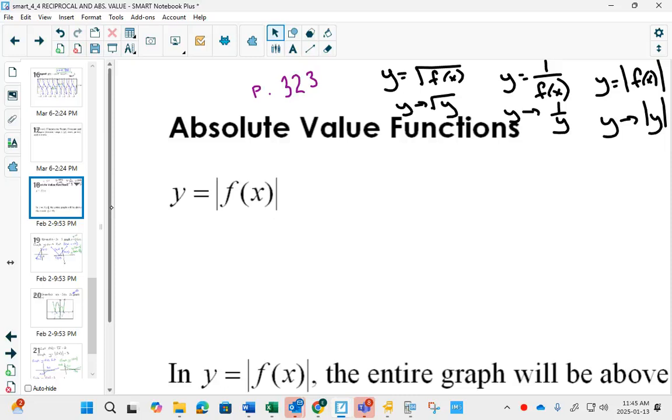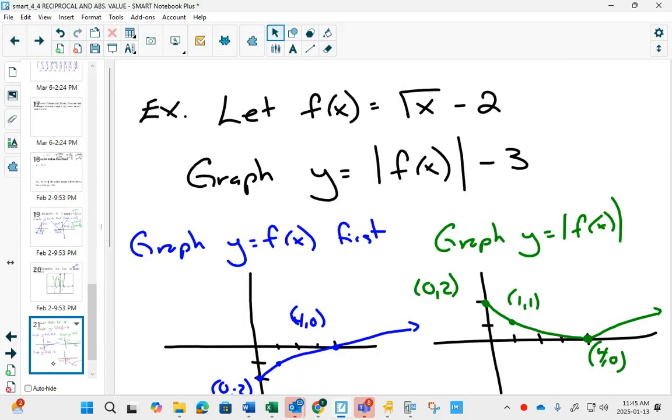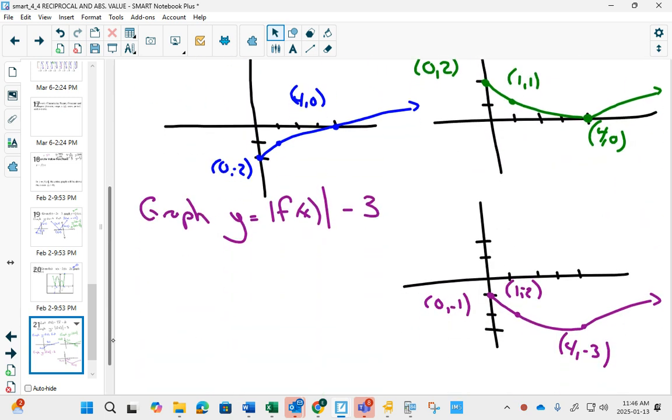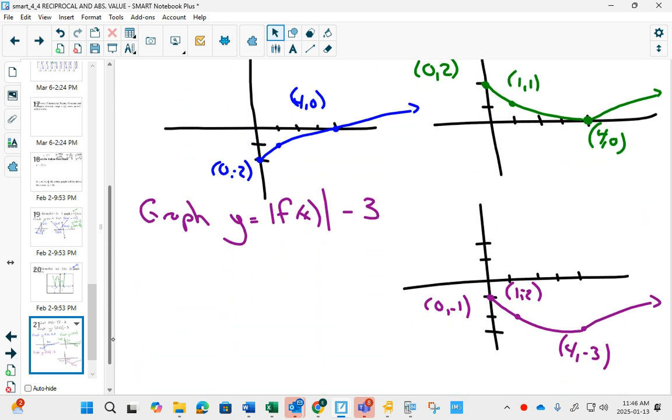So we'll call these special transformations: square rooting any graph, reciprocating any graph, absolute valuing any graph. Those are special ones. And they could add a transformation to the special ones. If they do that, what did we do? We graphed the special one first. We graphed the absolute value in green. We graphed that first, and then we did the transformation afterwards.